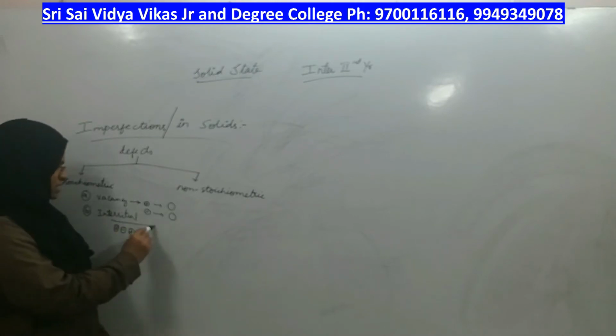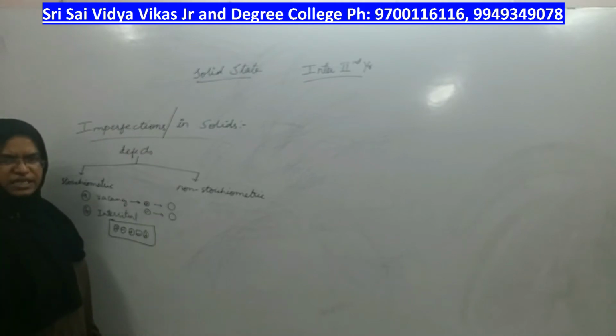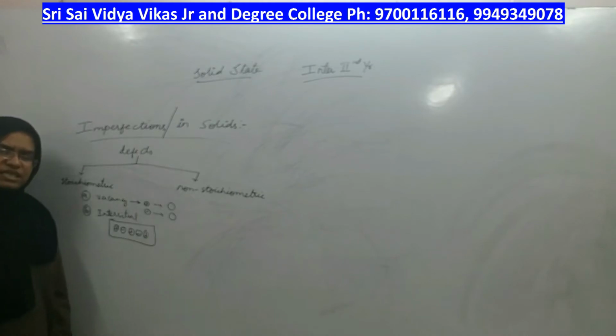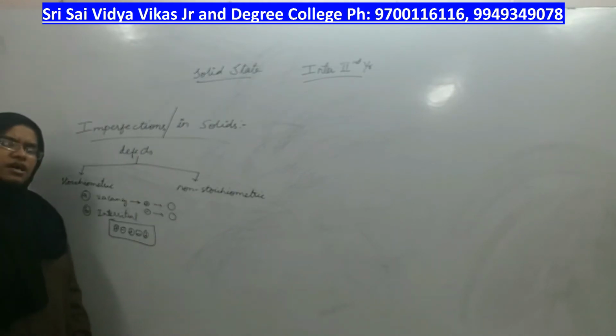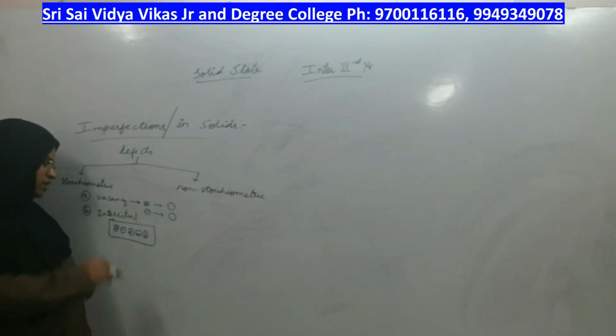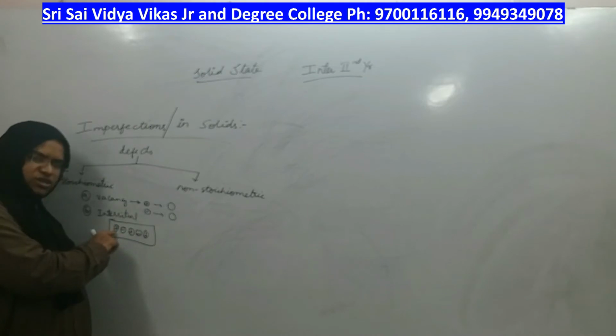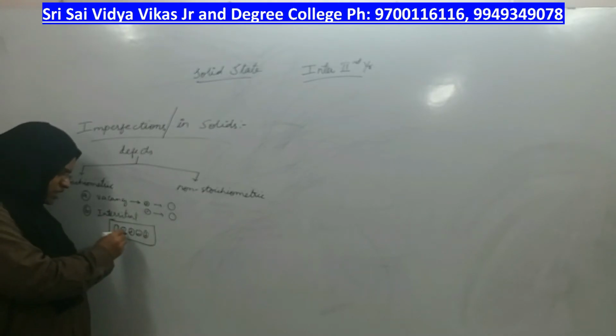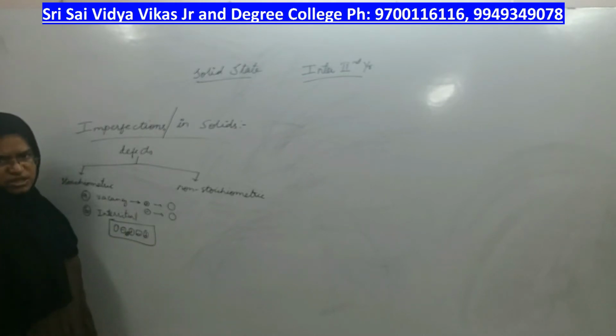What happens is, in the crystal lattice, as the ions are compactly arranged alternating to each other, if the size of the cation is small, as the cation will always be comparatively smaller in size, then because the size of the cation is very small, it easily comes out of its site or its position and resides in some other position in between other ions.